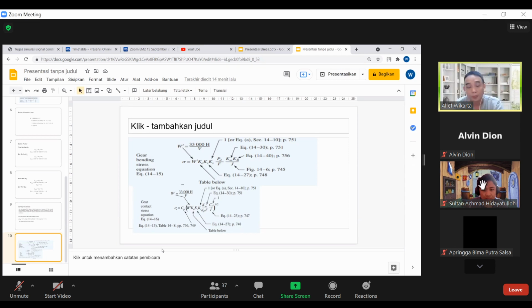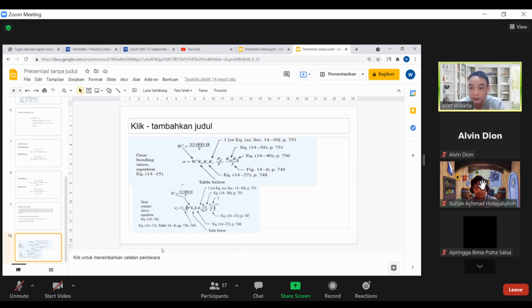So the overload factor comes because we have the spur gear, with its geometry and materials. When we use this spur gear in operation, maybe sometimes it has moderate shocks or heavy loads.